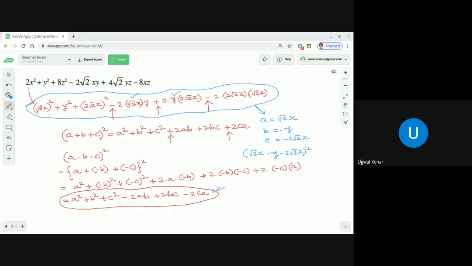Okay, sir, so do you want me to discuss this question 6 now? Yes, sir. Okay, it is a question to verify that x cube plus y cube is equal to x plus y into x square minus xy plus y square. Just a minute, let me pull it up.